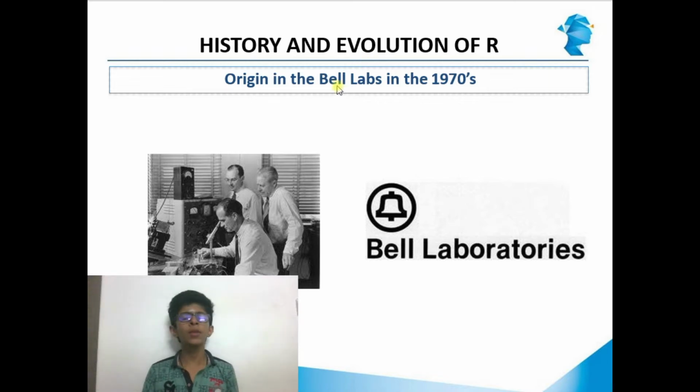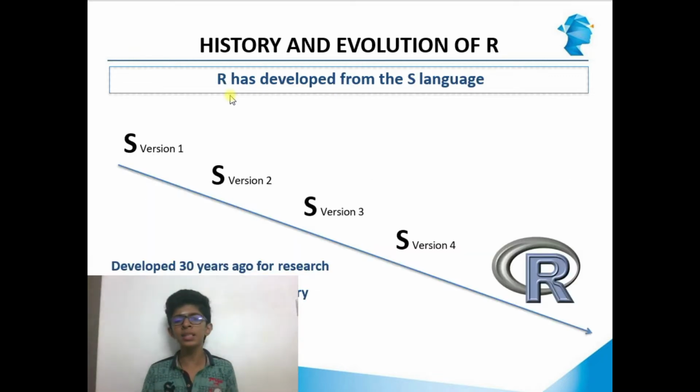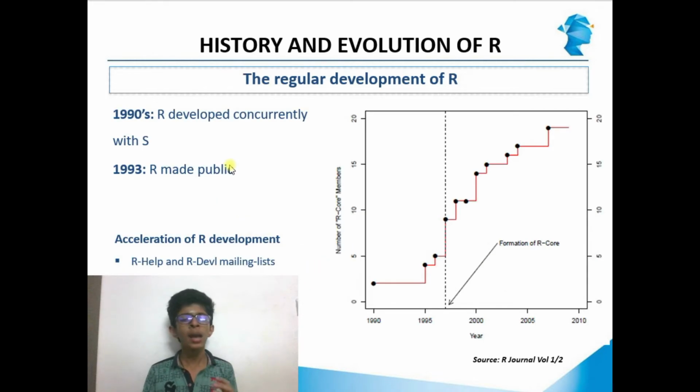Originally it originated in Bell Laboratories, like other languages such as C. It originated in the 1970s, and has evolved from the S language over the years. It has been developed for 30 years till now and is applied in high-tech industries.